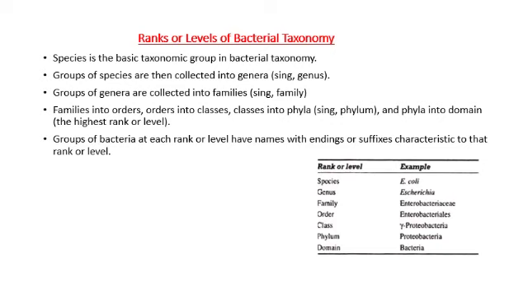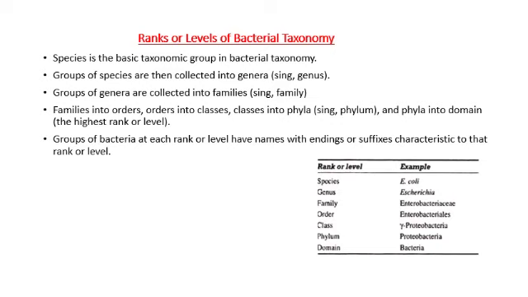The species is the basic taxonomic group in bacterial taxonomy, and certain groups of species together form the genus or genera. Groups of genera are collected into families, families form orders, orders form classes, classes together form the phylum or phyla, and finally the domain or kingdom.